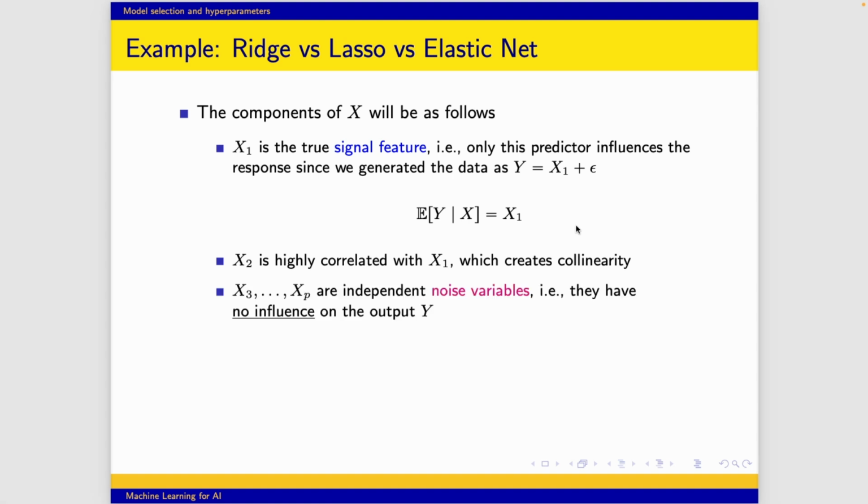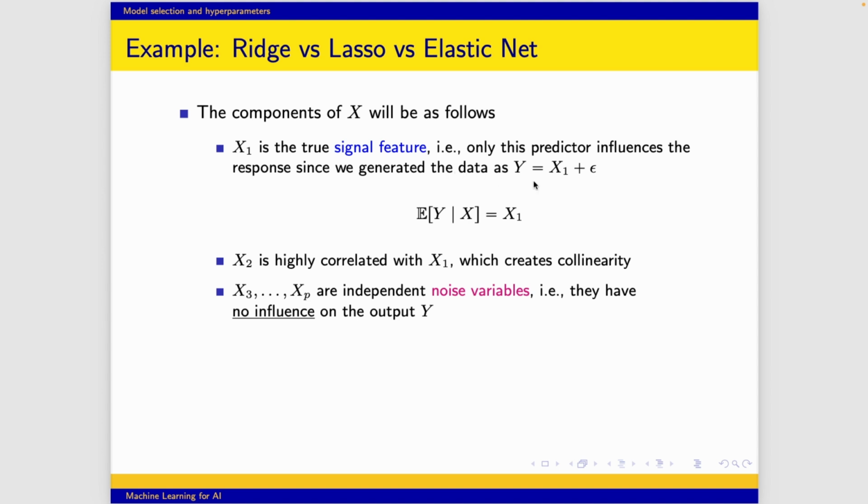Okay, so the true signal feature is just x1. We're going to make x2 highly correlated with x1, so we can see in this case how these three methods perform: Ridge, Lasso, and Elastic Net. The rest of them, x3 to xp, are just going to be noise variables. In other words, we're just going to select random numbers, right?